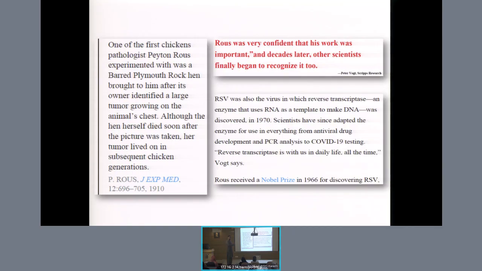So कोई चीज होती है, वो discover होती है for something else and the application lies somewhere else. आप लोग अपना PhD या MPhil कर रहे हैं, you find something, but you should try to dig out other applications of that. Okay, maybe that thing is important for some other application. Reverse transcriptase is with us in daily life all the time, and it led to the Nobel Prizes.